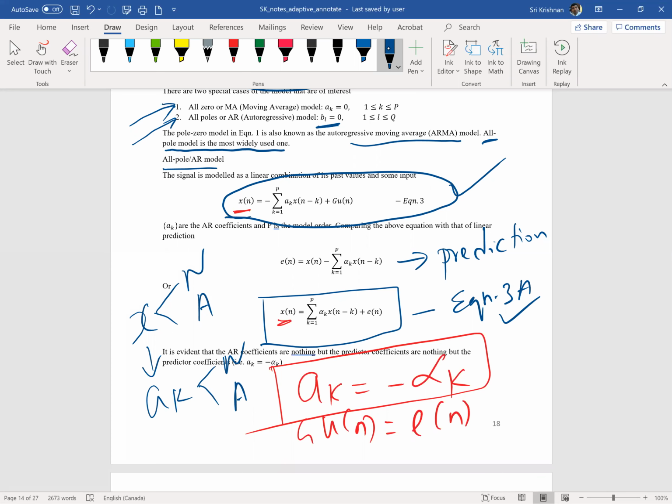The important advantage is that the number of coefficients is only P, the order P. Whatever the filter order P is would be P here. So you only need P coefficients to classify your signal. It's some form of dimension reduction, some form of compression.